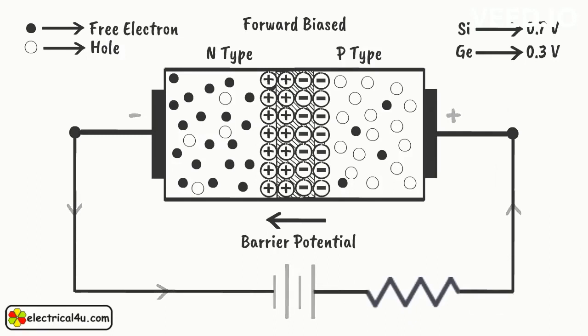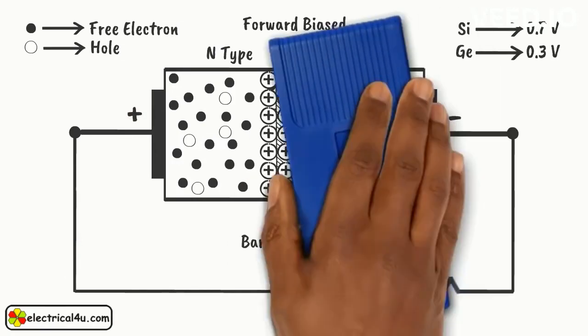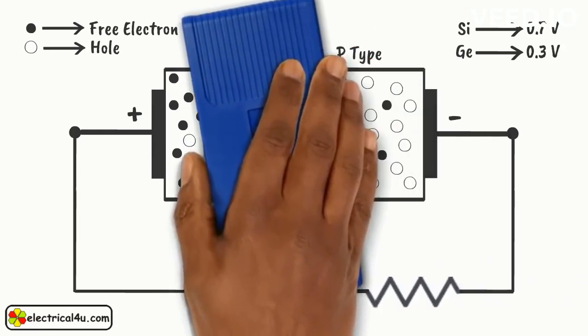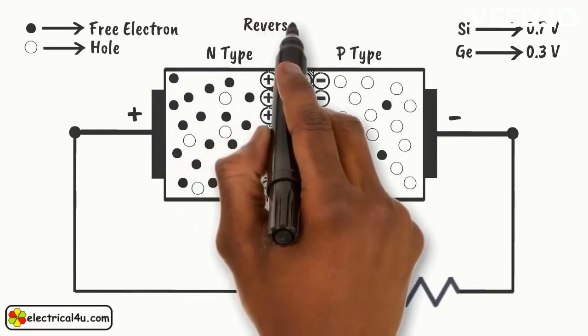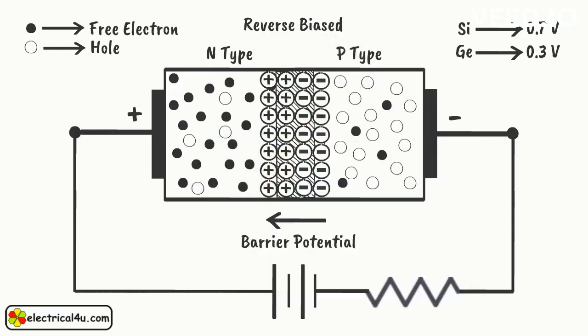Now, we connect the negative terminal of the voltage source to the lead connected to the P-type side. And we connect the positive terminal of the voltage source to the lead connected to the N-type side. In this condition, the diode is said to be in reverse biased condition.